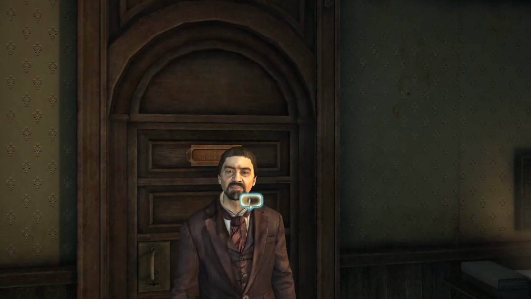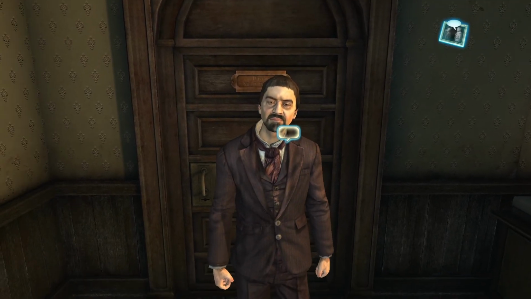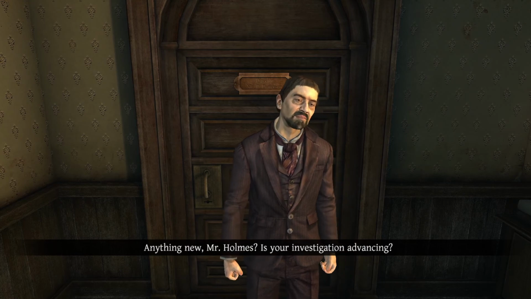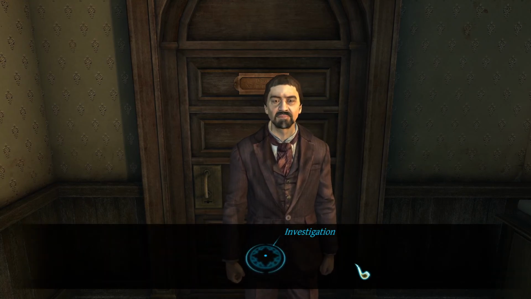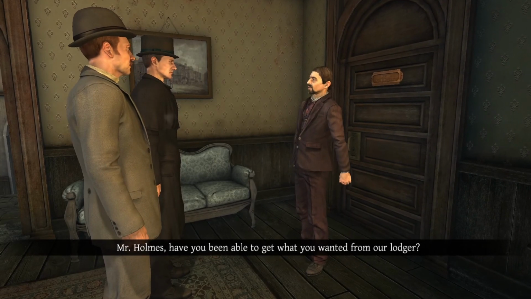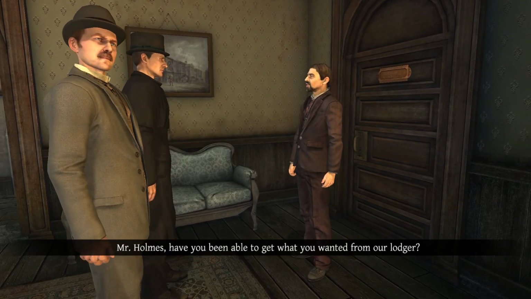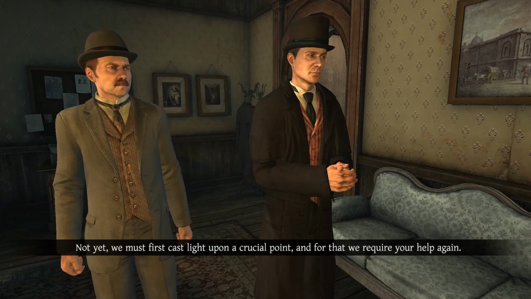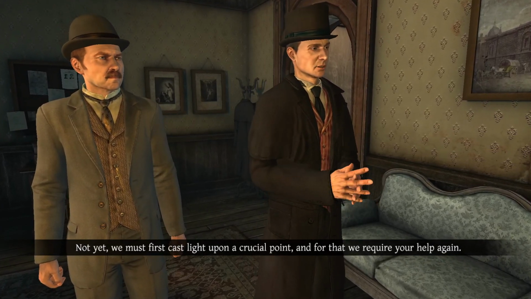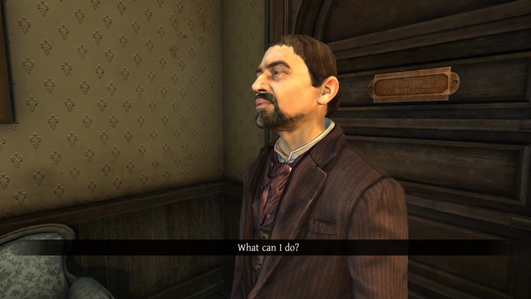And I have the key. Anything new, Mr. Holmes? Is your investigation advancing? Mr. Holmes, have you been able to get what you wanted from our lodger? Not yet. We must first cast light upon a crucial point, and for that we require your help again. What can I do?